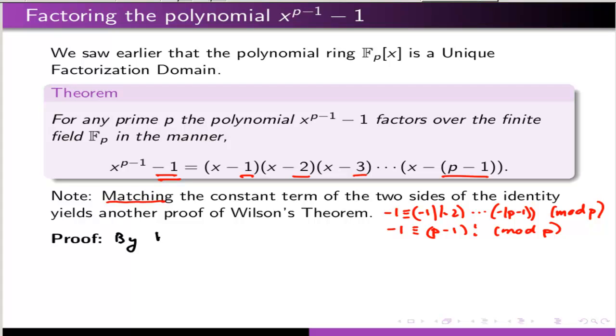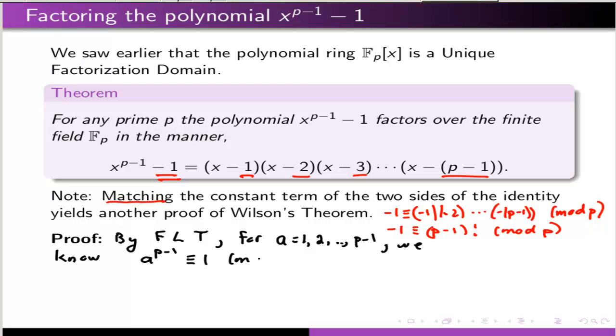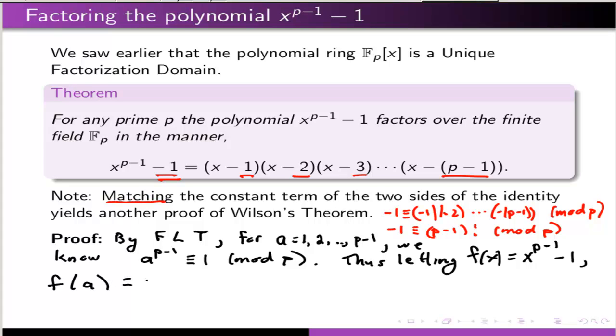By FLT, for any number a between 1 and p minus 1, that is 1, 2, up to p minus 1, we know that a to the p minus 1 is congruent to 1 mod p, which means that this polynomial, let's call it f of x, so f of x is the polynomial x to the p minus 1 minus 1, has f of a equal to 0 over the finite field F_p.